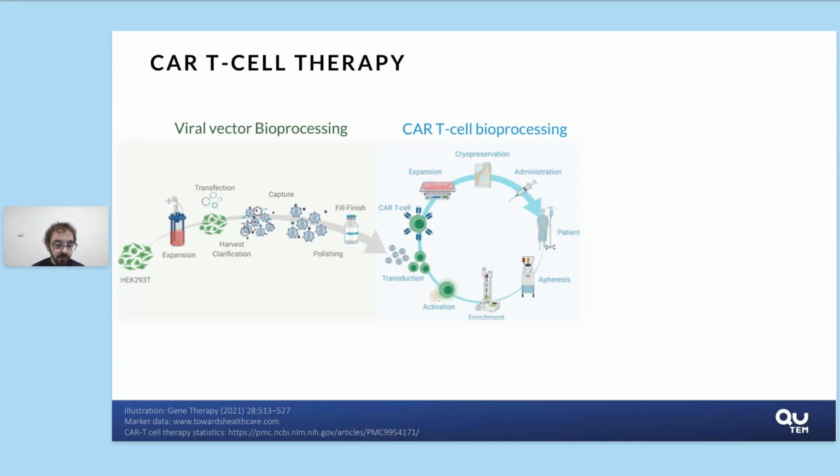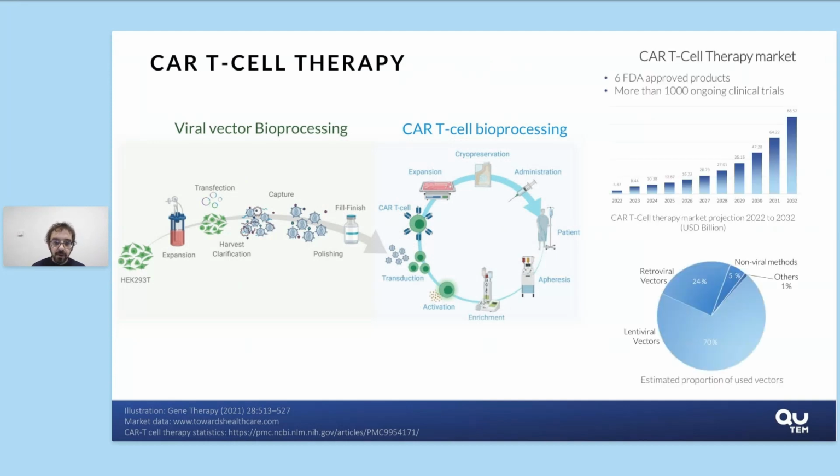To do so, of course, you need to deliver the gene, which is done via a vector, typically a virus. That's why you have the whole viral vector bioprocessing first phase, where you will produce your virus with the gene of interest that will later be transduced.